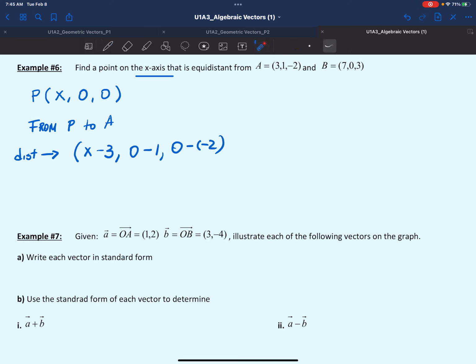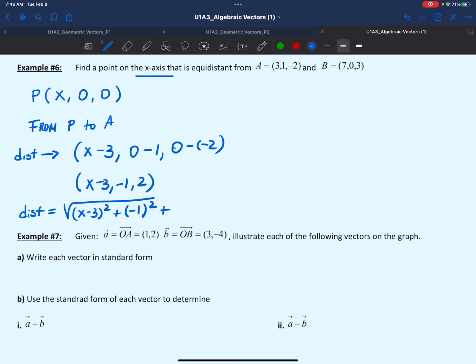So all we're doing in here is the difference between x, between y, and then between the z coordinates. So in other words, we're going to say that this would be x minus 3, -1, and +2. Now, the distance itself will be found by using the formula square root of the x component squared, x minus 3 squared, and then y component, which is -1 squared, and z component, which is 2 squared.